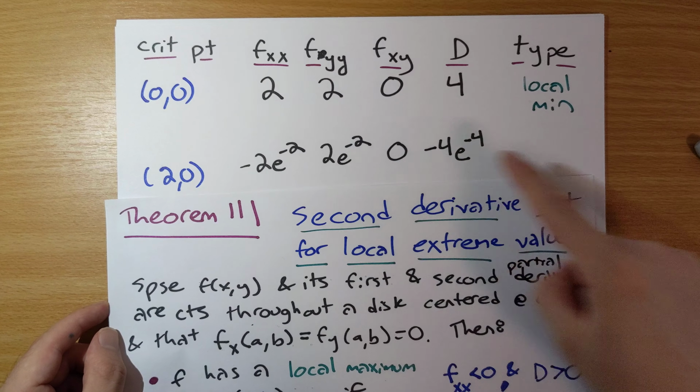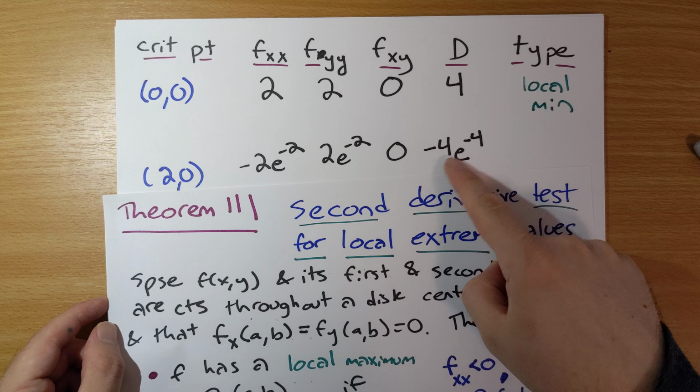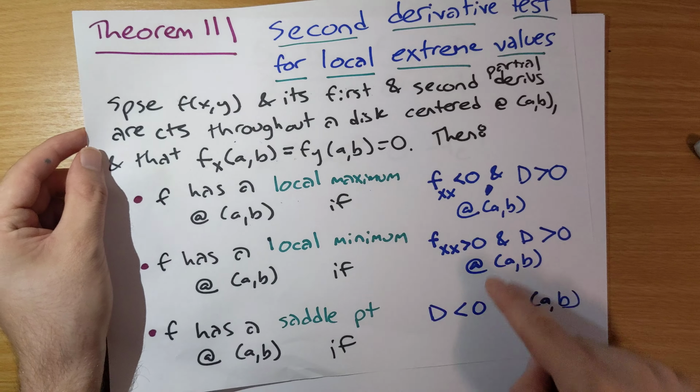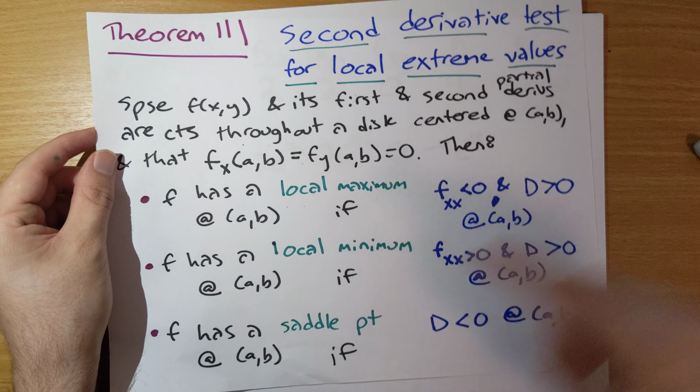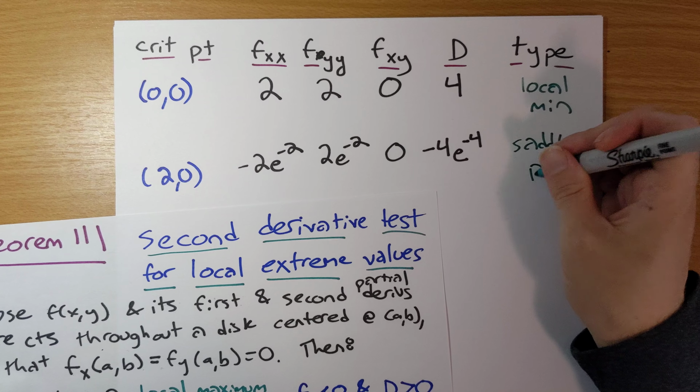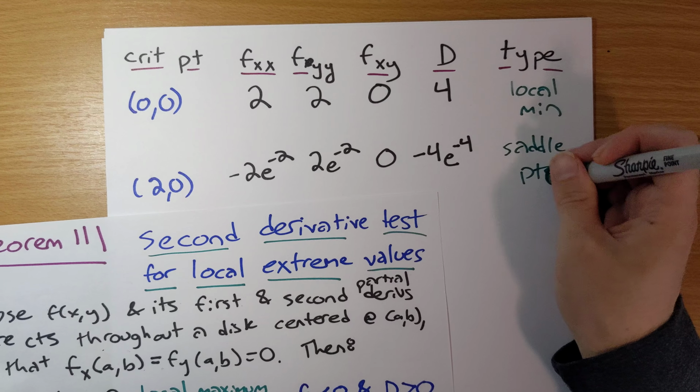Meanwhile, for (2, 0), D is negative 4e to the negative 4. That's something negative. So if D is negative, there's nothing else to do here. We know that this is a saddle point. Ooh, not saddle point.